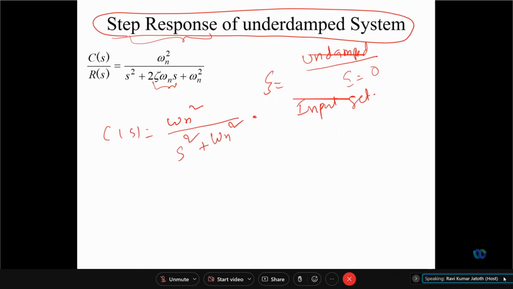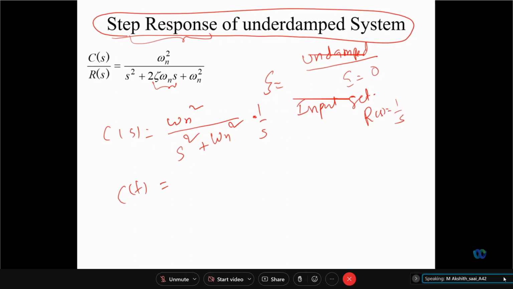And what is R of S for a unit step input? 1 by S. So here it is 1 by S. Now what do we want? We want C of t. So when we want C of t, what should we do? First, the Laplace transform.